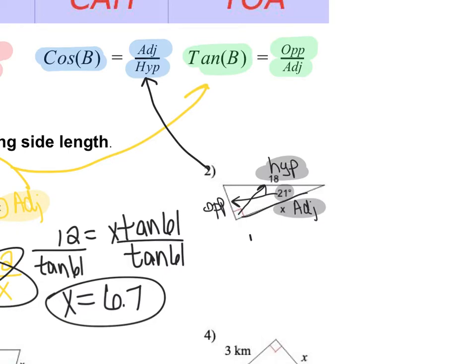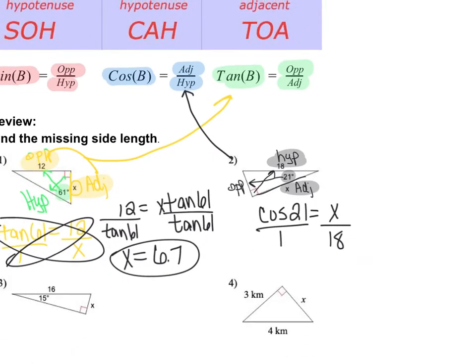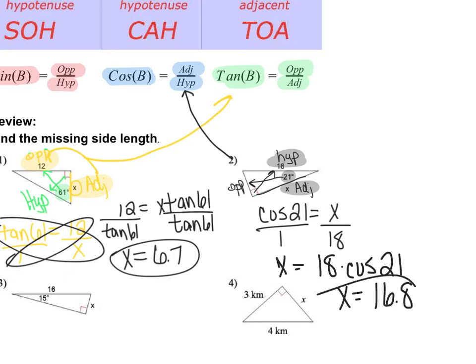So I'm going to say the cosine of the angle, which is 21 degrees, is equal to my adjacent over hypotenuse. And if I set it up as a proportion, 1 times x is x, and 18 times the cosine of 21. If you go ahead and put that into your Desmos calculator, you should get that x equals 16.8.